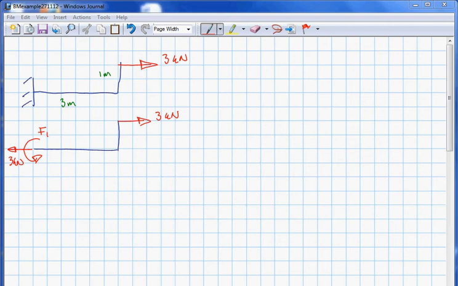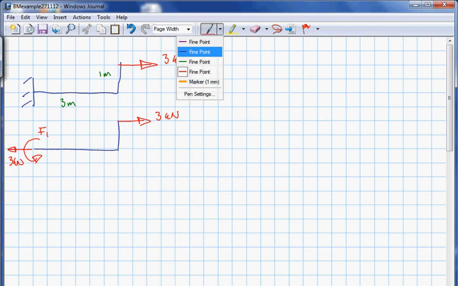I put in the horizontal force of 3 kilonewtons because it's pretty obvious that's what it is, so I'm resolving horizontally in my head essentially. Also, I'm not putting vertical force because there's no applied vertical force, so there is nothing to balance. The moment I've called F1 for the time being, and it's fairly easy to find F1 using the usual technique.